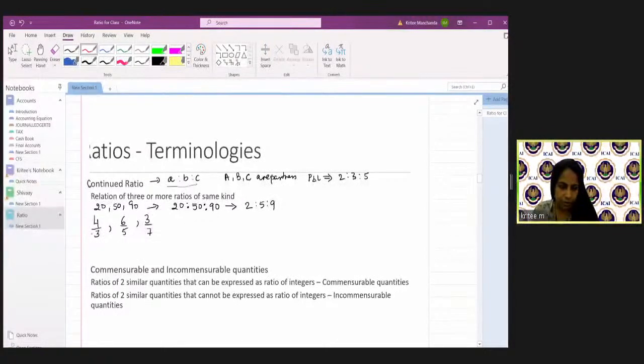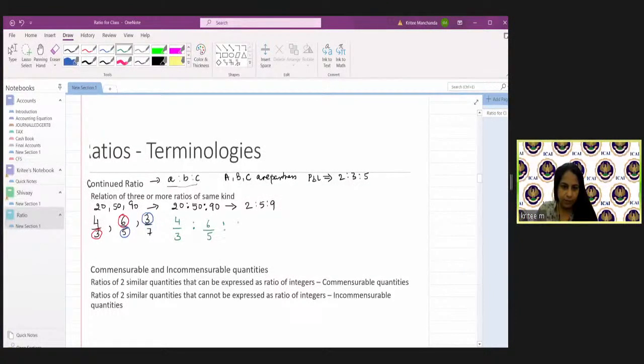The consequent of one ratio must be the same as the antecedent of the other. Consequent of one must be equal to the antecedent of the second. With that, we can generate a continued relationship between them. So if you have to present it in the continued form, how would we do it?